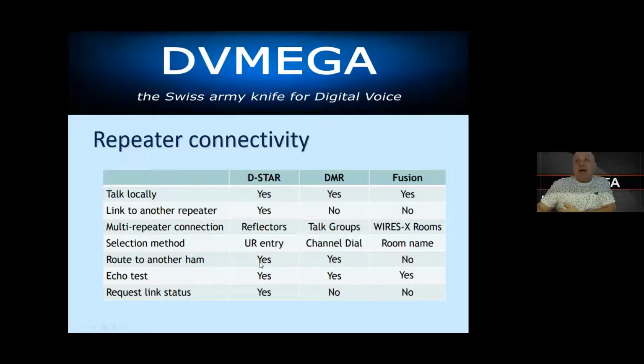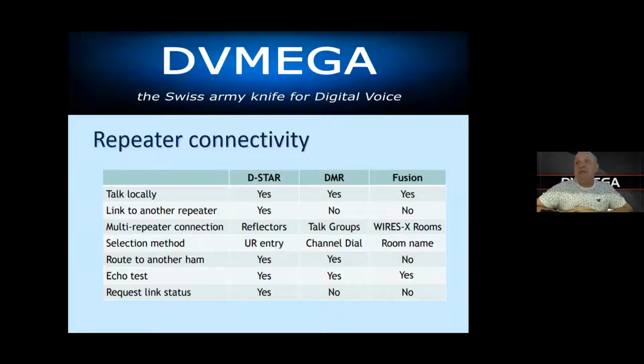Route to another ham. So that means that normally when you speak through a repeater to a network, everyone who is listening to that repeater or network or channel can hear you. And with D-Star and DMR, it is possible to have a sort of private call, so that you connect directly to the endpoint of your ham friend.